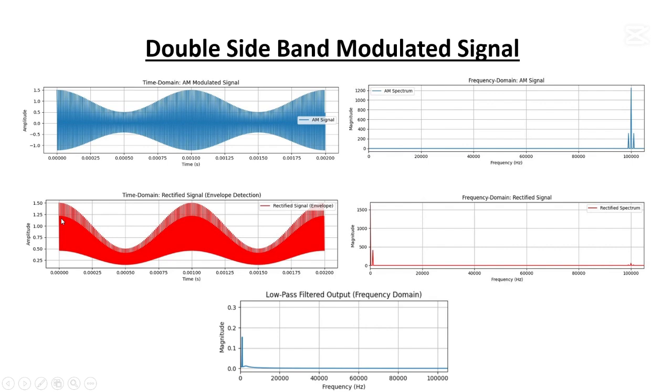Here you can see that the negative cycles will be converted into positive cycles, and the signal below zero will be erased. So all of the signal will be in the positive domain, and it will look like this. The negative part is converted into the positive part, and here you can see an almost continuous flow of the signal.